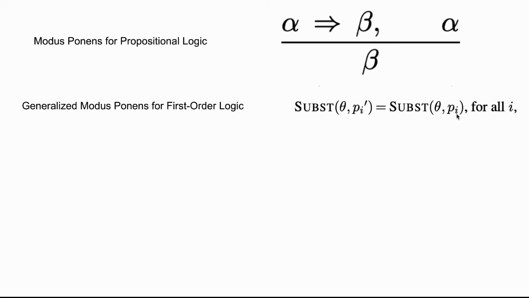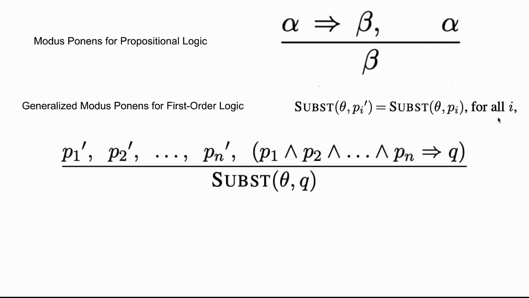Okay, so this is an assumption that is required for the generalized version to hold true. So I have this set of statements pi prime, I make a substitution theta, I have another set of statements pi, I make the same substitution theta, and both of these are exactly the same for all values of i.